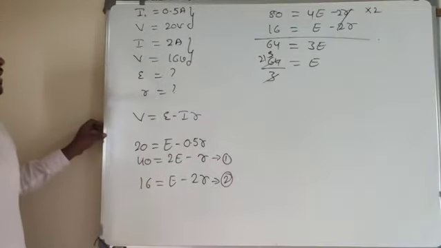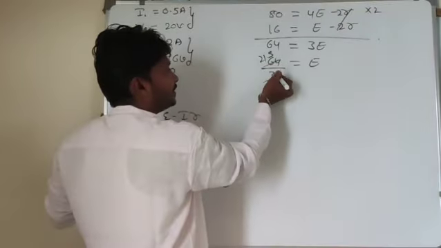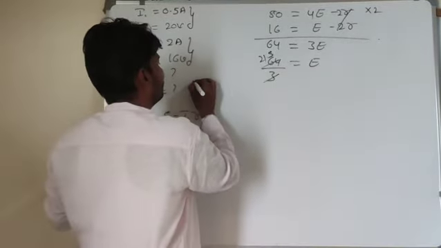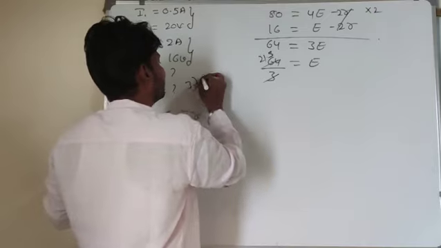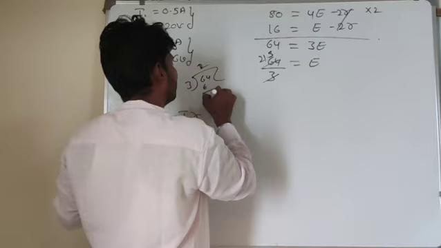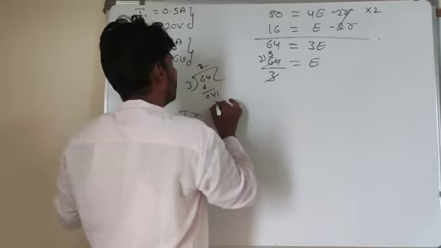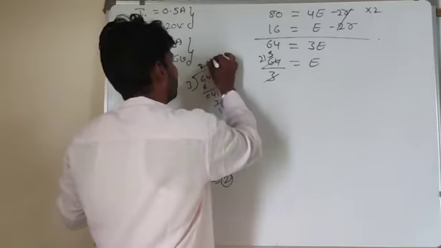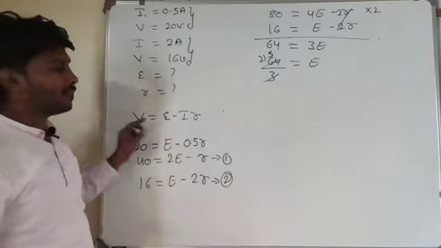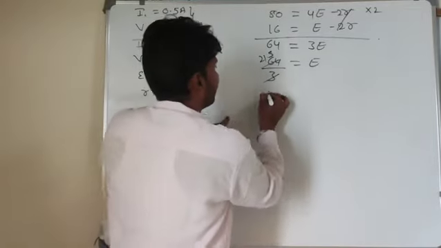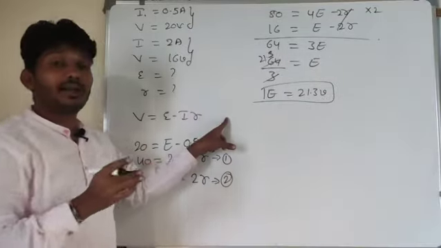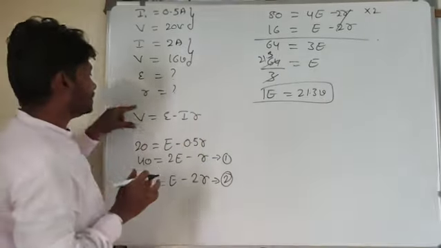So what is the answer here? 64 by 3 is nearly about 22, or you can take the exact value. 64 divided by 3 is 21.3 here. So what is the EMF value? 21.3 volt.